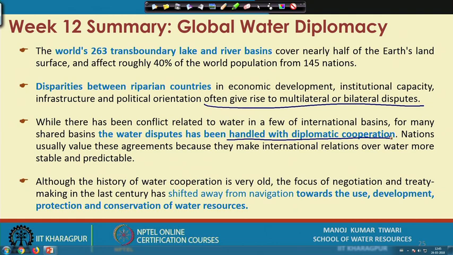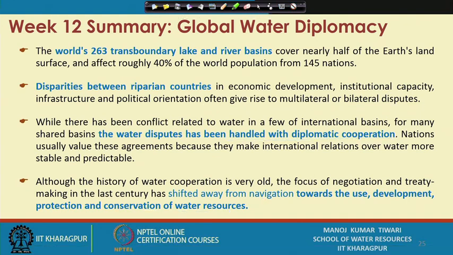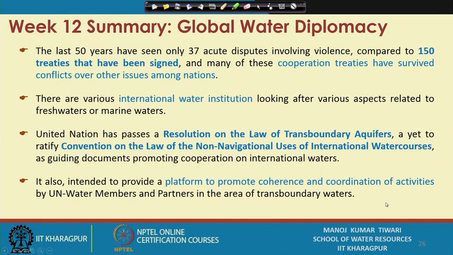The history of water cooperation is very old, and earlier it was targeted onto navigation treaties. All the treaties and negotiations were targeted more on navigation, whereas in the last century this target has shifted from navigation more towards the development, protection and conservation of water resources. So, that is the opportunity for cooperation between the different nations.